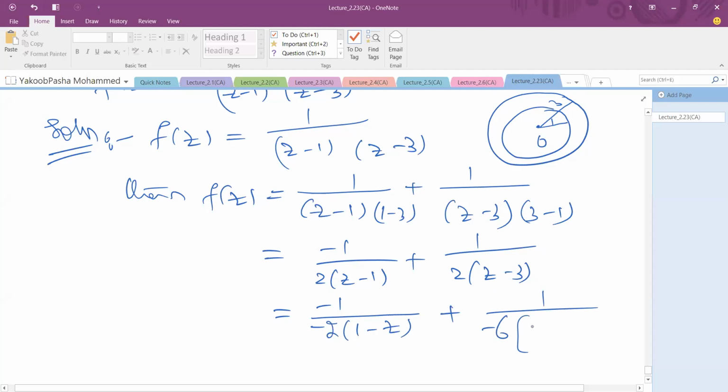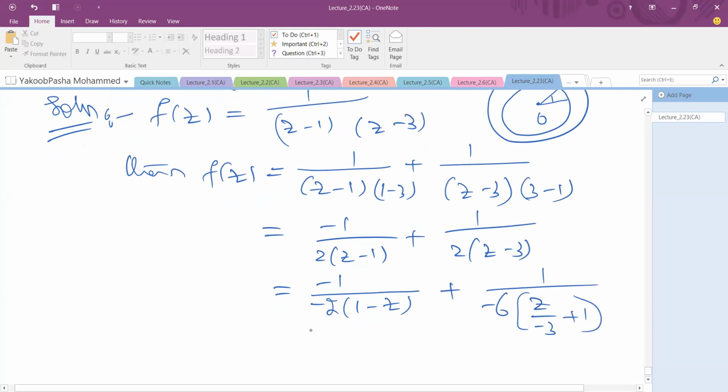So z by minus 3 plus 1. So this is equal to 1 by 2 of (z minus 1) సరిపోతుంది కదా, no problem. 1 minus z, whole to the power of minus 1. Here minus 1 by 6, we can write 1 minus z by 3 whole to the power of minus 1.